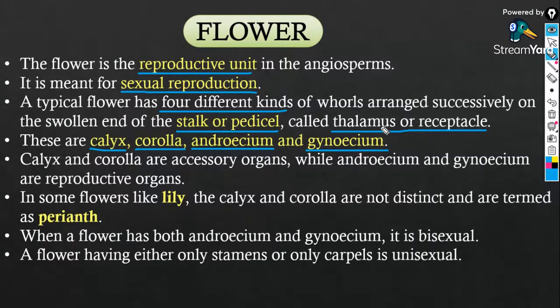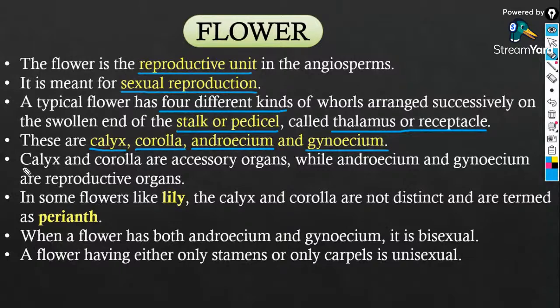There is a calyx, corolla, androecium and gynoecium. These four different parts are arranged on a thalamus or a receptacle.